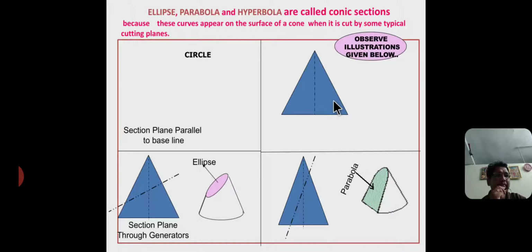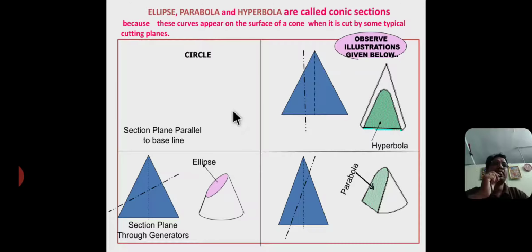Similarly, in case of hyperbola, the cutting plane is parallel to the axis, or at some small angle with the axis, and it also cuts the base of the cone and one of its generators. Then the section is called hyperbola. This section is called hyperbola.